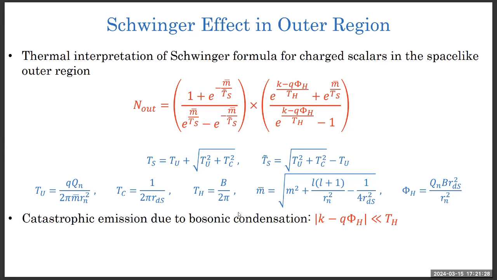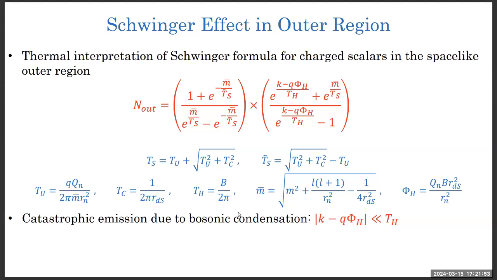Now that is an energy-like parameter. So the energy minus chemical potential is much less than the Hawking temperature. Though the Hawking temperature is small, when these conditions are satisfied, then actually the denominator becomes very small. So we have catastrophic emission.